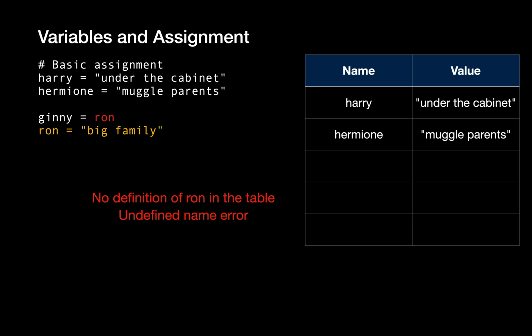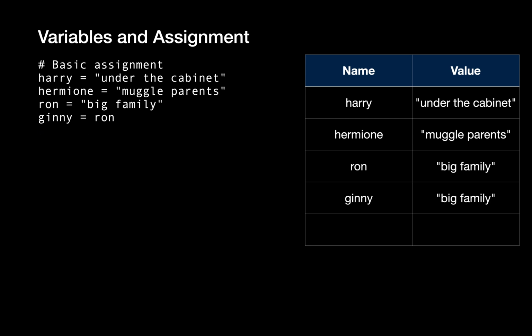And so the interpreter will return an undefined name error in that case, and my code will stop executing. So it's important that we put the definition of Ron before we use it on the right side of an assignment, and then the computer will know what the value of Ron is when we try and assign its value to the variable Ginny.